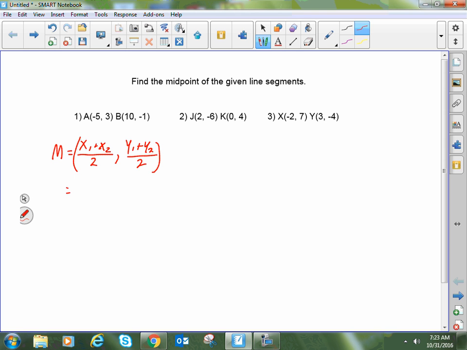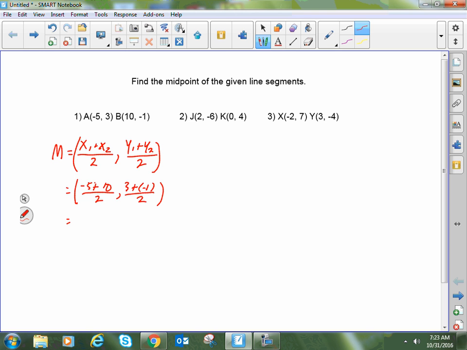In this case, I'll use point A as my first point. So when I substitute my numbers here, we'll say negative 5 plus 10 over 2, and for the y's, we'll get 3 plus negative 1 over 2. Now we can just simplify it.